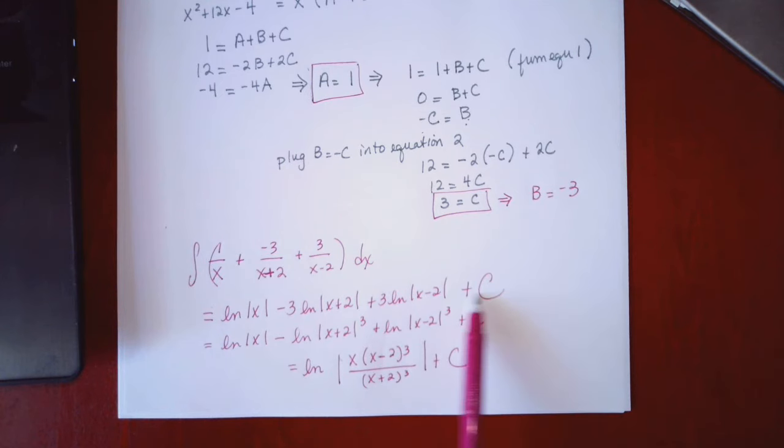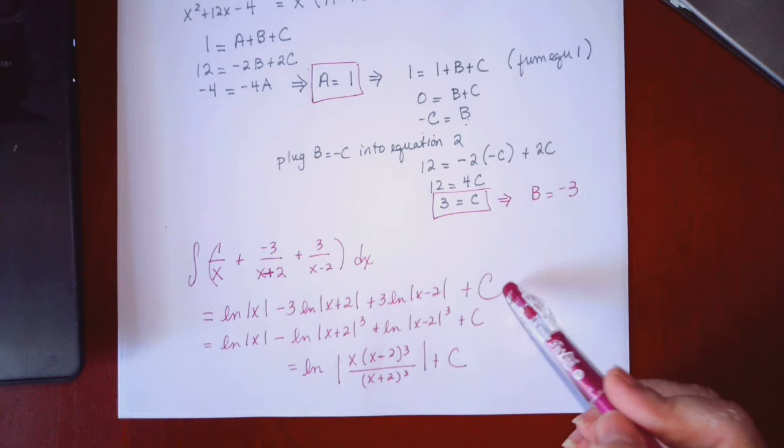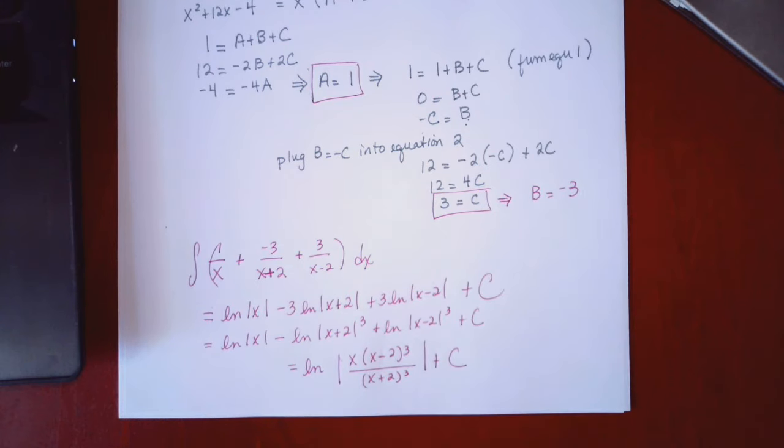I'm perfectly happy if you just leave it right here. And I don't think they'll count it wrong in my math lab if you leave it there, but if they just write out an answer, they probably will combine those.